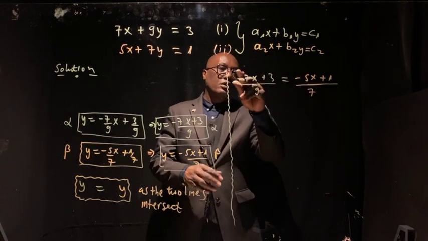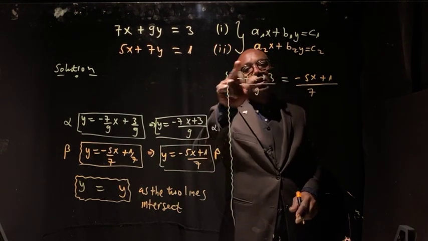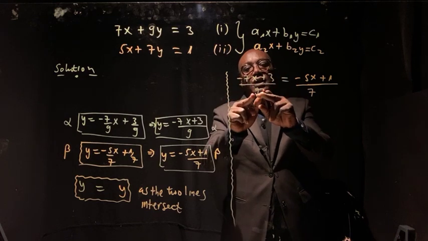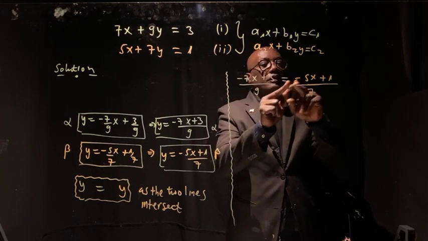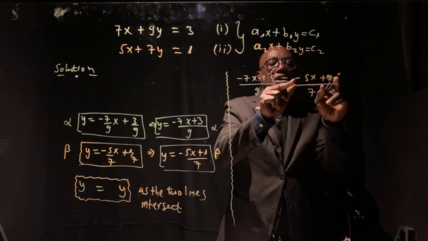We are going to cross multiply. This 7 will be shifted here to multiply this expression, and this 9 will be shifted to the right hand side to be multiplied to the upper expression.